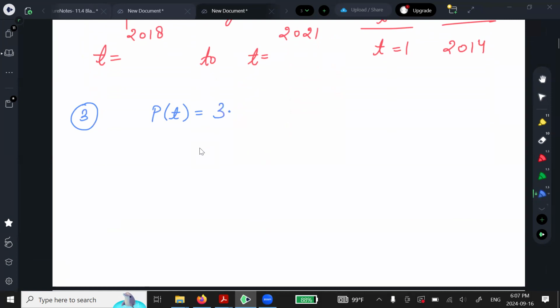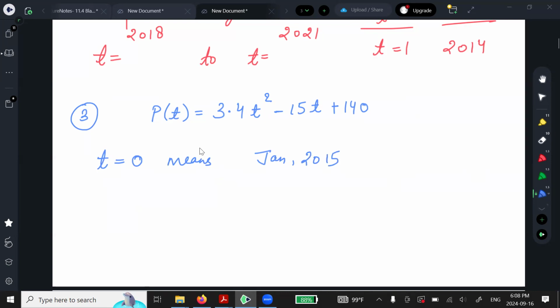You just want hints. 3.4 t squared minus 15t plus 140, right? Note 2 things here, beginning from January of 2015. Make sense? What does that mean? T equals 0 means Jan of 2015.